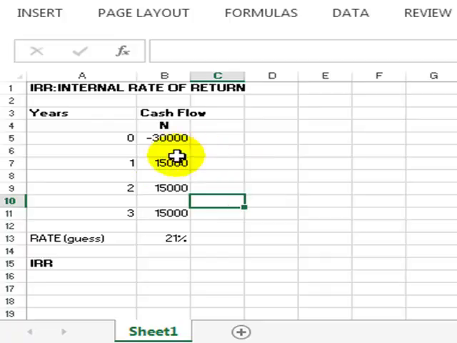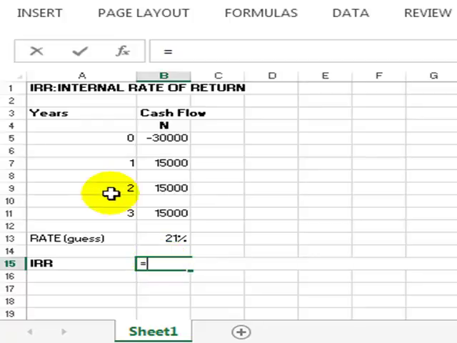A cash inflow of 15,000 naira occurs throughout the years of the project. Note again that this cash inflow need not be equal. The first cash inflow could be 15,000 naira, the next could be 30,000 naira, and the third year could be 5,000 or 7,000 naira. Now we have to calculate the internal rate of return. Here you can see that we spaced this value.